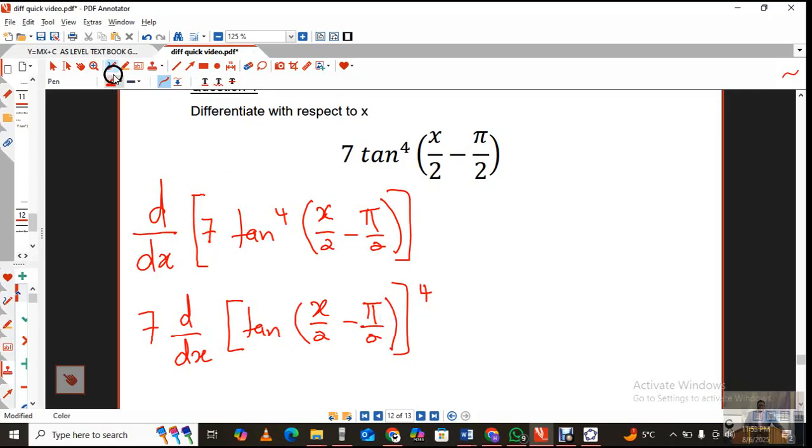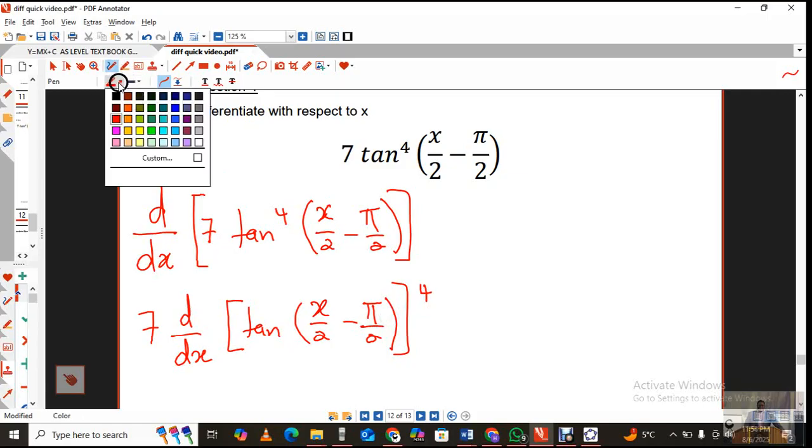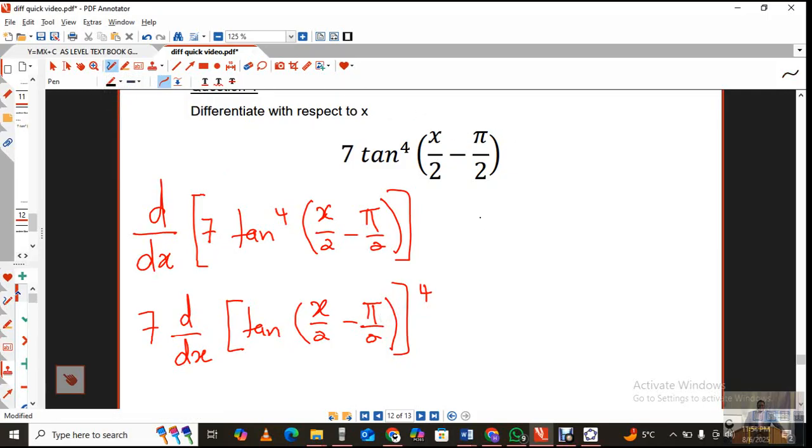So let's use what we know from our chain rule, or composite functions, which is definitely very important. You have dy dx is going to be dy du multiplied by du dx, but here you can have anything. You can have dt or du.